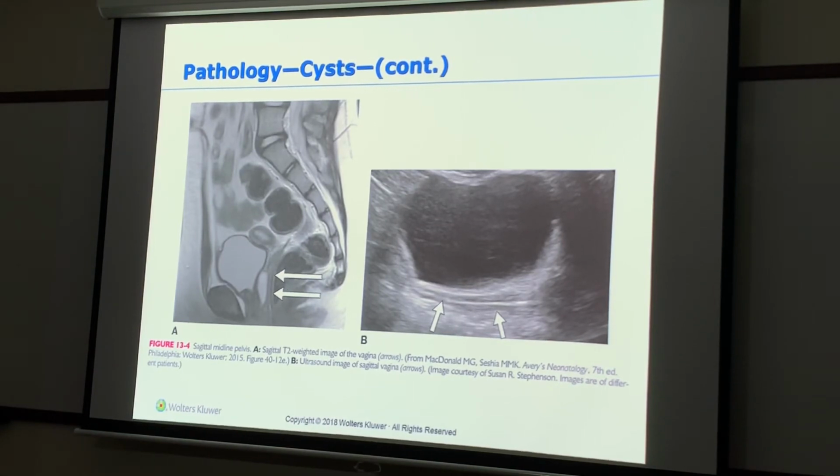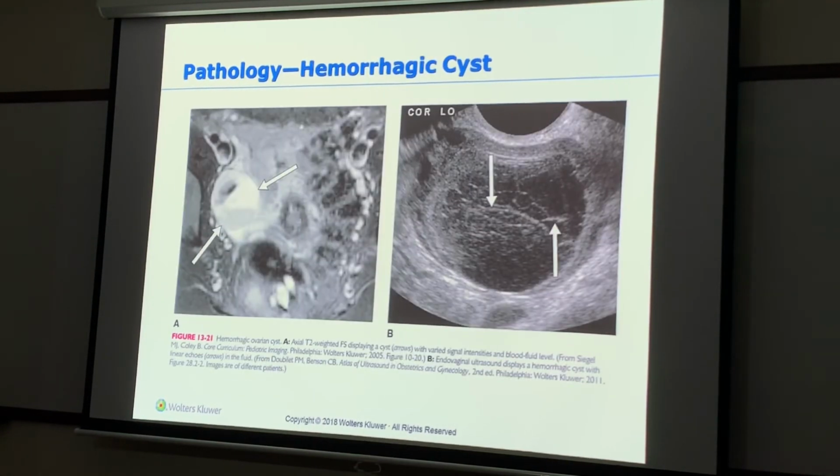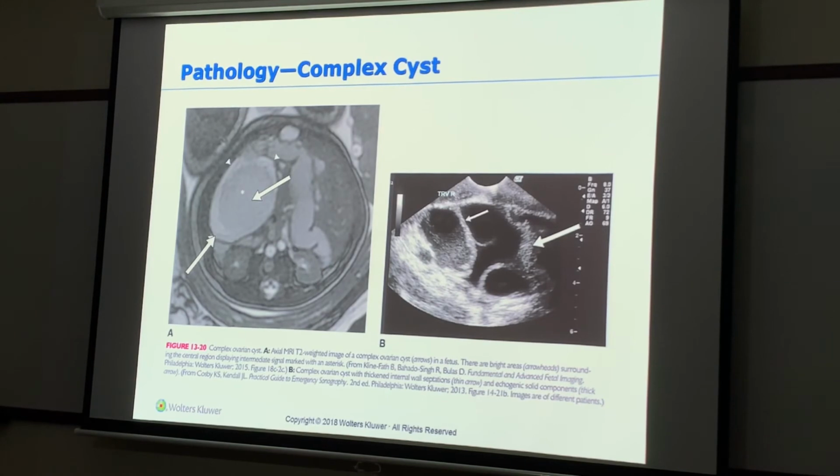Okay? We can see tampons in the vagina. This little dot right here measures the density of the fluid. That density has a chart with it. From here to here, it's cystic. From here to here, it's blood.